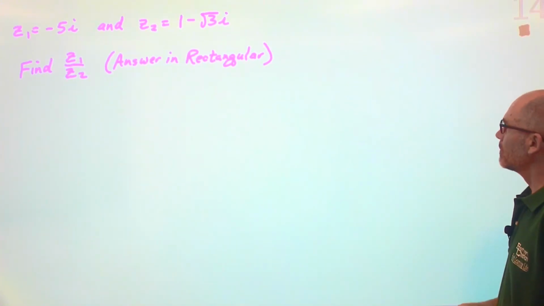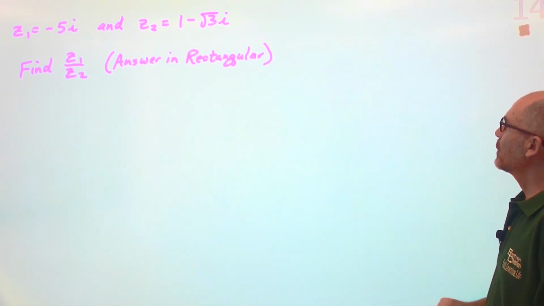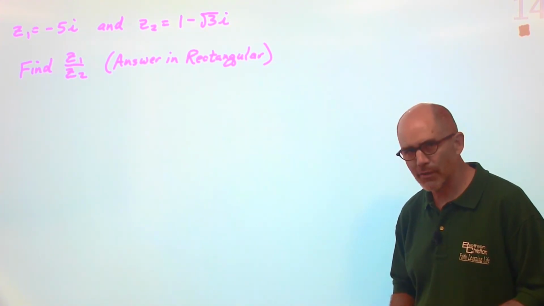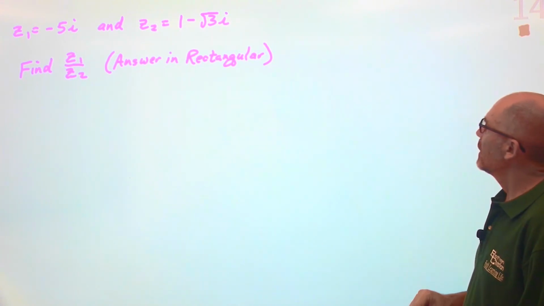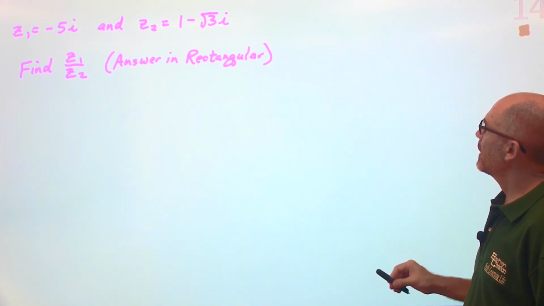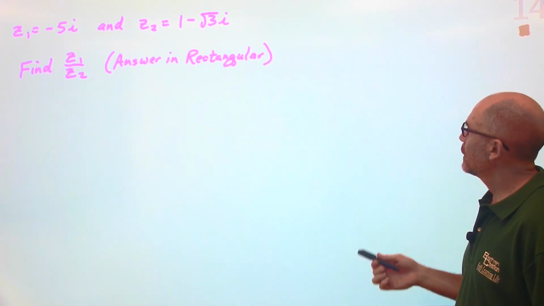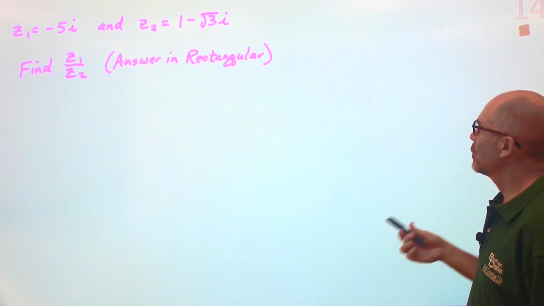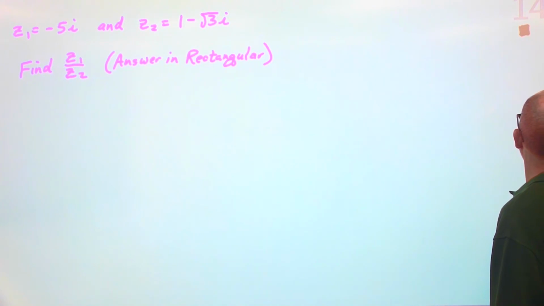Okay, now let's do a division, and then we'll call it a section. So z1 divided by z2. Once again, we change z1 into polar form.